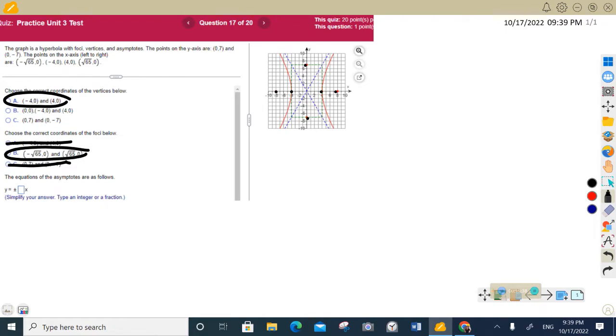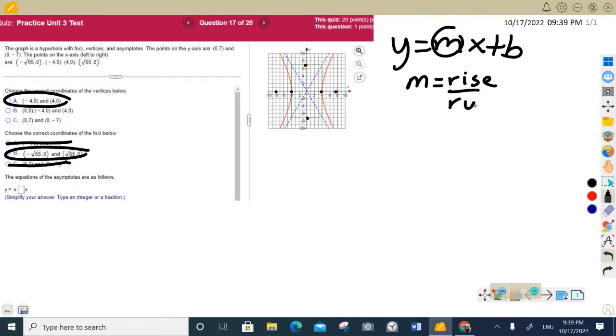All right? Now, the asymptotes are in, y'all remember y equals mx plus b. Slope-intercept form. That's your slope. Slope is rise over run. The b is the y-intercept. Now, an asymptote is an imaginary line that the graph approaches and never touches. Okay? So I'm going to draw this in and then I'm going to erase it.